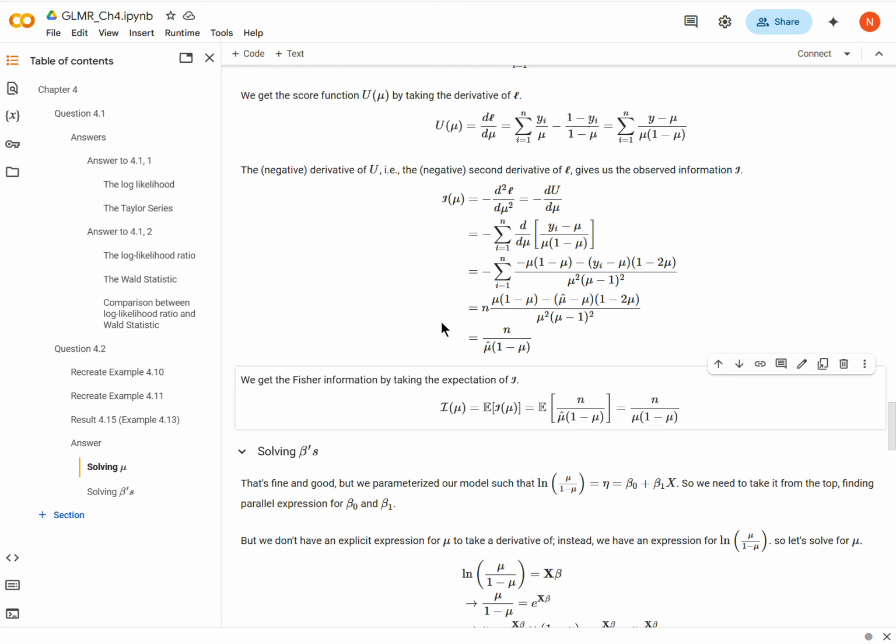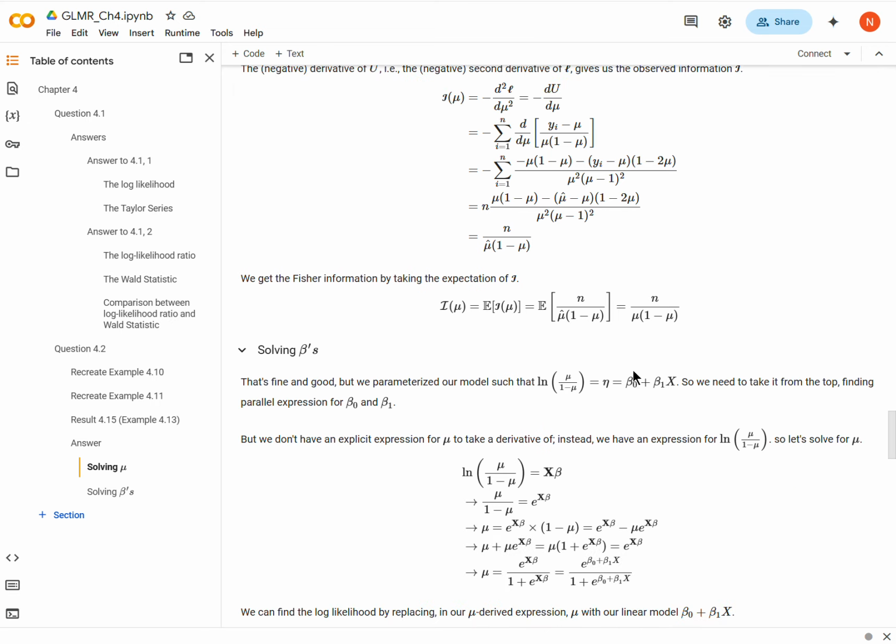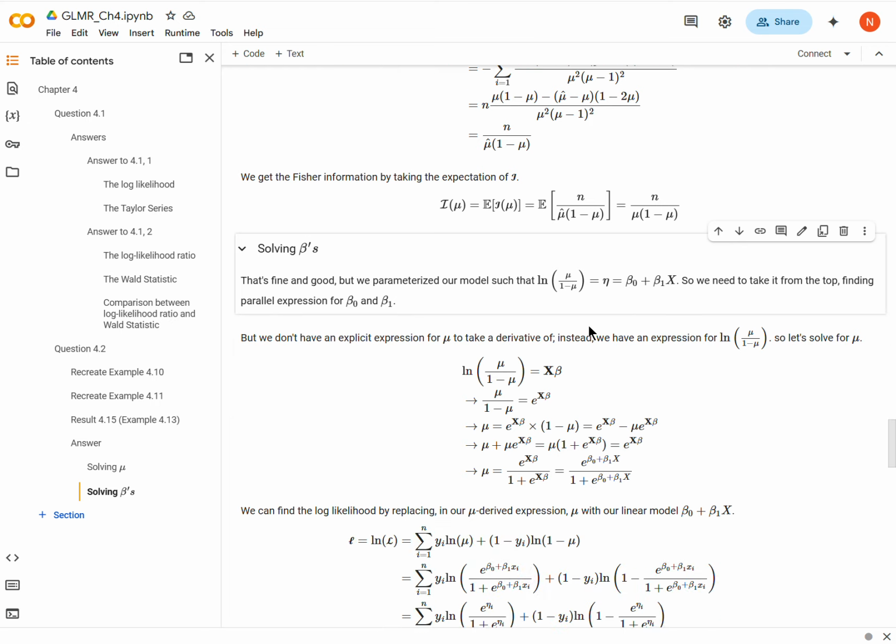So we come out with this. Well, now we're going to replace mu, the one parameter, with two parameters, because we're going to be using this linear function beta naught plus beta 1 times x. Now, what's adding an additional wrinkle here is that the way we parameterized our model, our linear model is not describing mu, but rather the logit of mu.